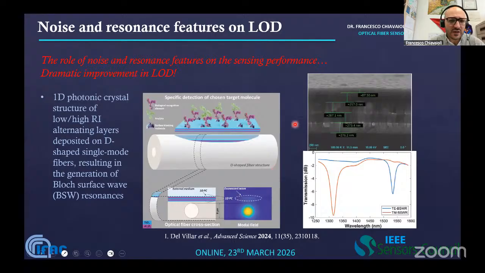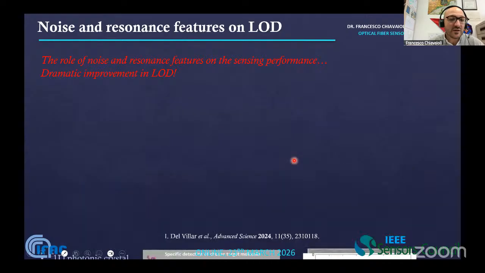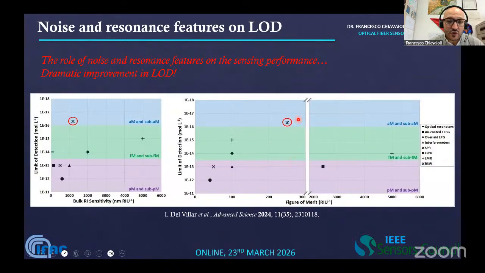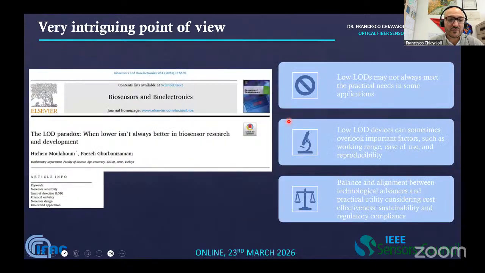Here we experimentally showed that by creating a 1D photonic crystal structure with stacked layers of low and high refractive index, but importantly, very low losses, we can create an optical resonance which is not only very sensitive, but can also get a very low detection limit in the range of attomolar. We first showed that it's possible to get the attomolar range with such an optical fiber device.